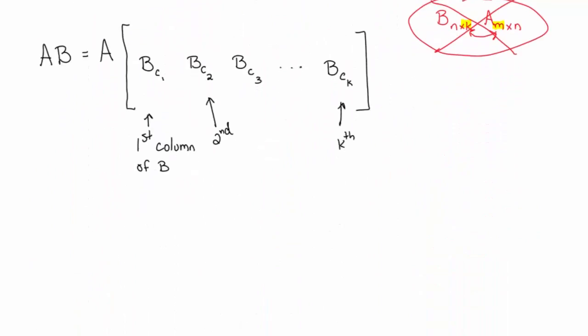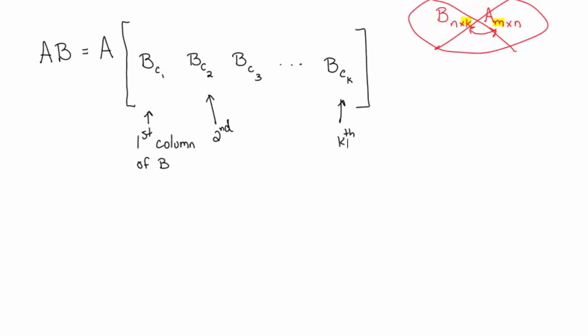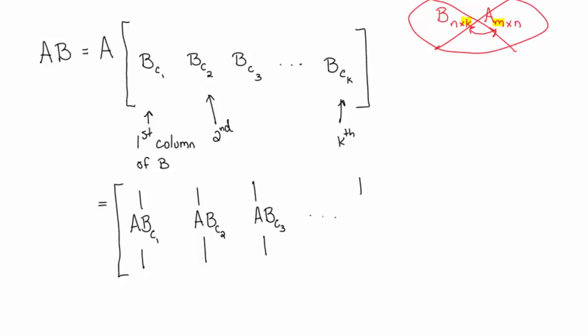Let me scroll down. So that product can be rewritten easily as a single matrix where the first column is going to be A times B sub C1. The second column will be A times the second column of B. The third column will be A times the third column of B, and so on and so forth down the line.